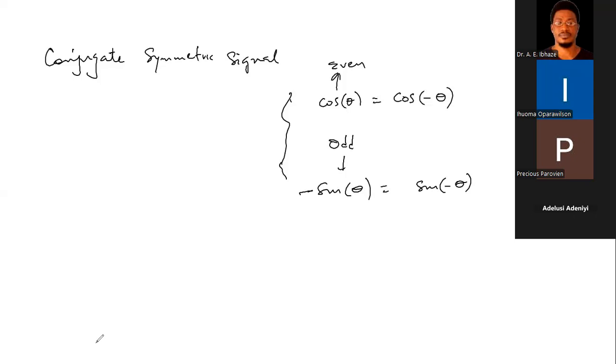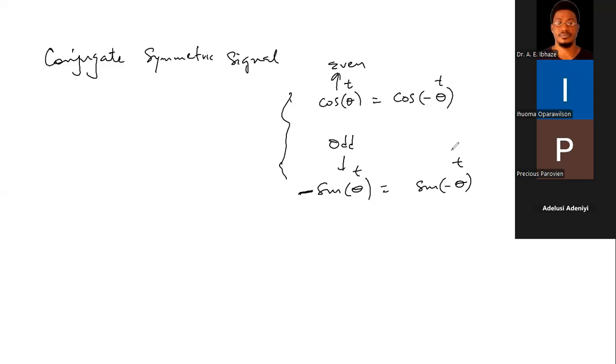Yes. Now you see that for the odd signal, the negative impacts on the time; in our case, theta is time. I know you are used to theta in your mathematics, so we're not trying to tell you that all those things you've been playing with in trigonometry were actually talking about signals.